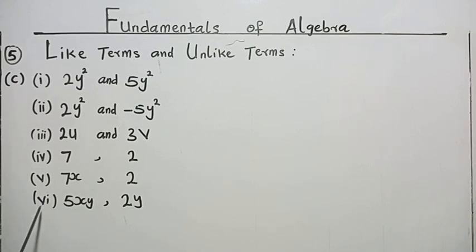Okay, the last one is 5xy and 2y. In some places, people conclude that as long as there is something common to both expressions, the two could be called like terms. That's not correct. Granted, we can call these two similar terms, but not like terms.